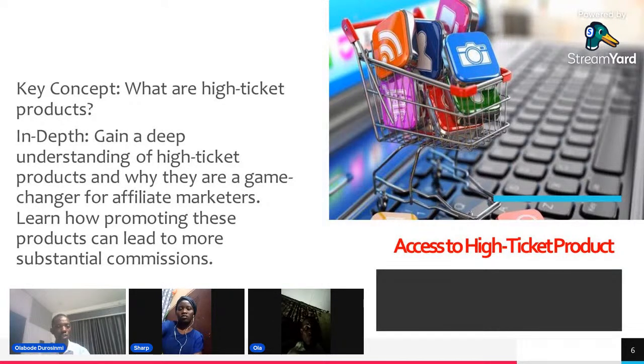When you know the value of the problem it solves, you'll be able to charge high for it and people will be able to buy. Take for instance, doctors are paid higher than cleaners because the value that doctors give is higher than the value that cleaners give.